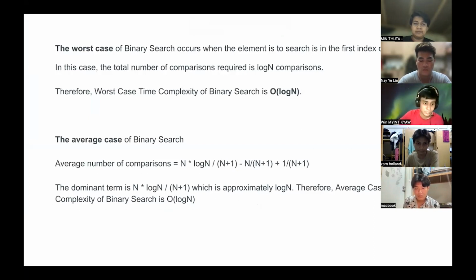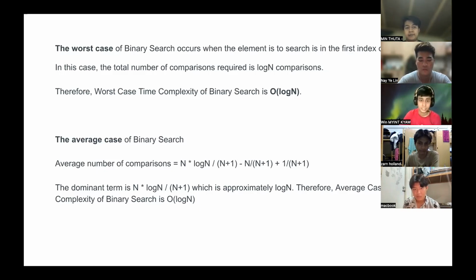The worst case of binary search occurs when the element to search is in the first index or last index. In this case, the total number of comparisons required is log n.